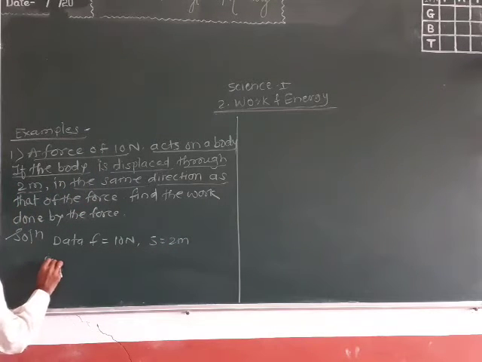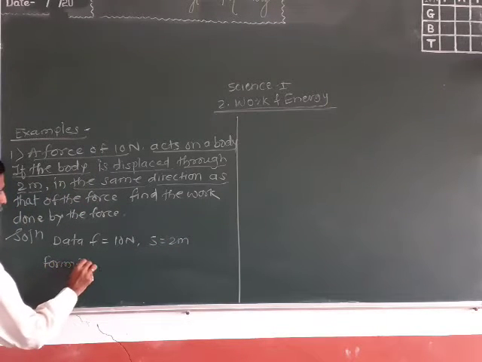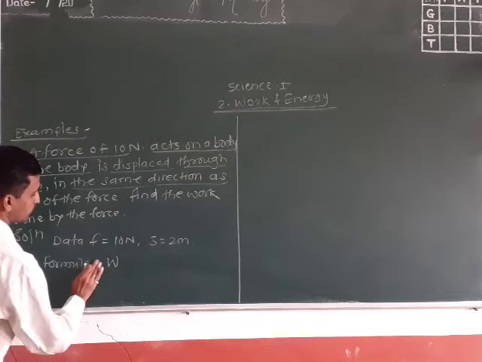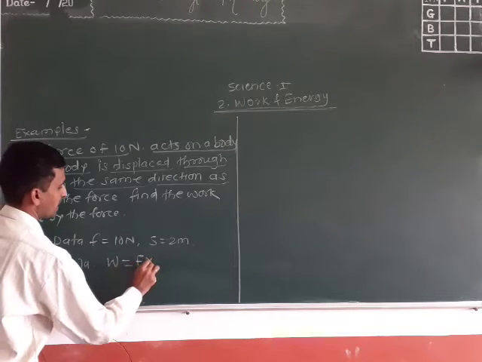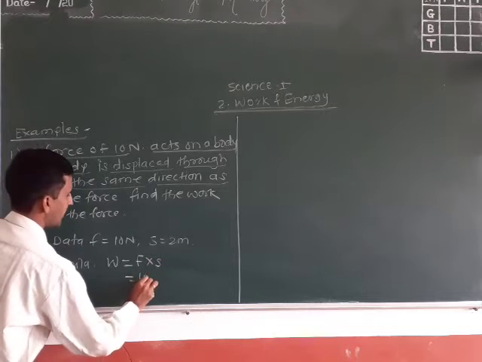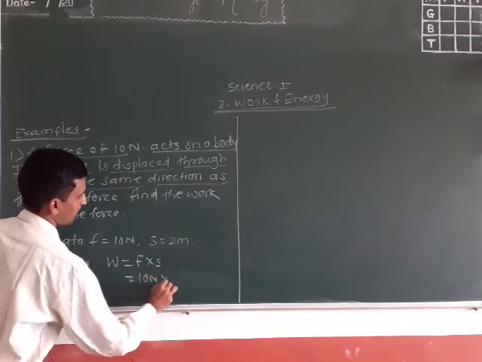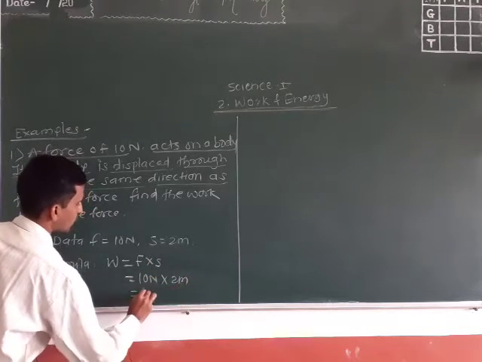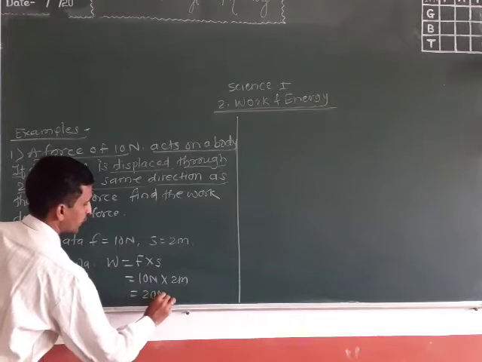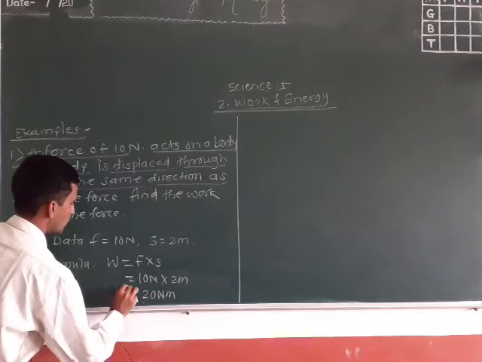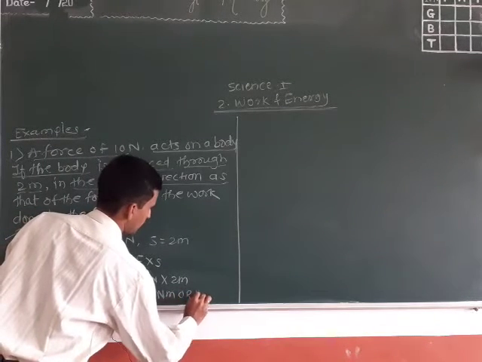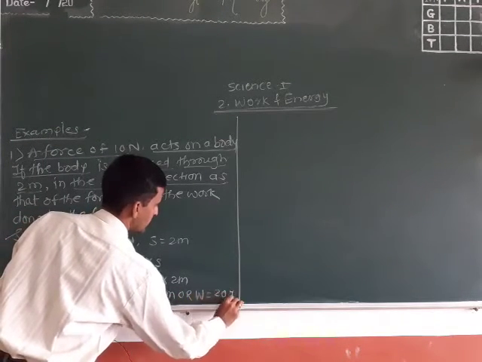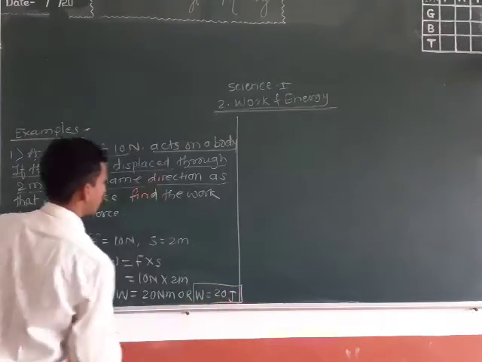Formula: work is equal to force multiplied by displacement, which is 10 newton multiplied by 2 meter, equal to 20 newton meter. In SI unit, W is equal to 20 joule. This is the first example.